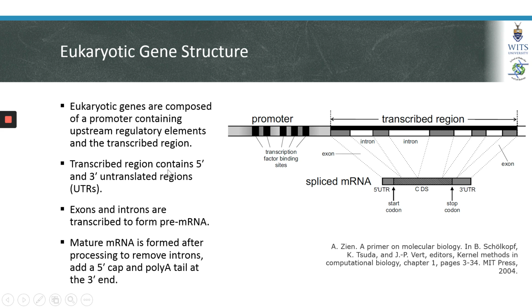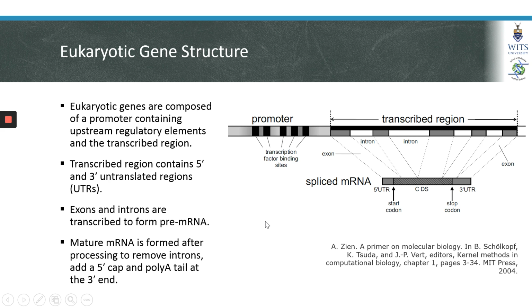The transcribed region contains both 5' and 3' untranslated regions. Both exons and introns are transcribed to form a pre-mRNA, which is later spliced to form the preliminary mature RNA. After that spliced mRNA is capped and tailed, it is then referred to as a mature RNA.